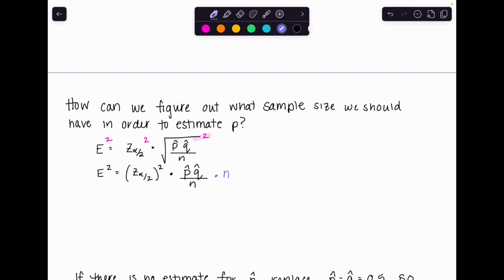So I'm going to multiply this side by N because it will cancel out, which means I need to do the same thing over here. So that gives me my sample size times the error squared is equal to my Z-score squared times my sample proportion times my sample failure, I'll call it.